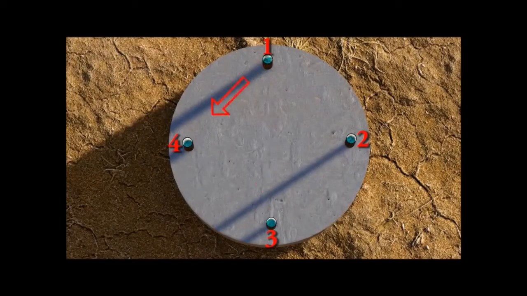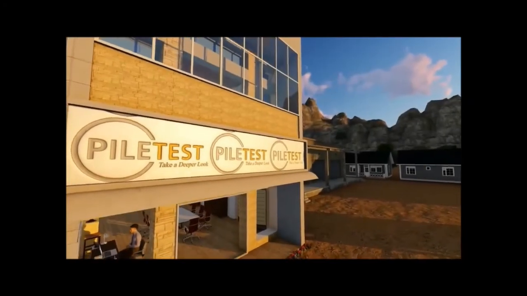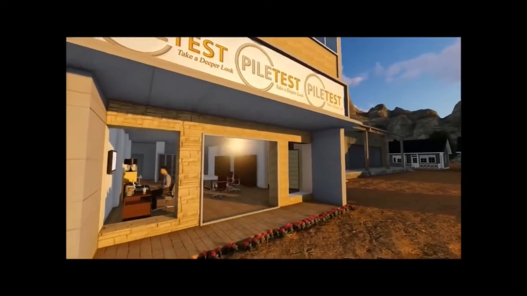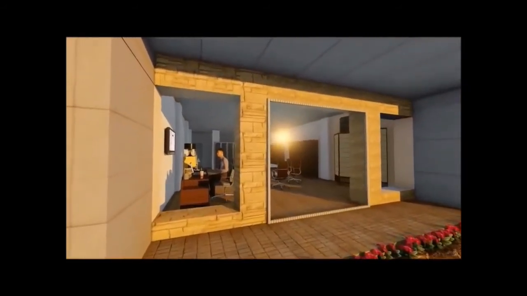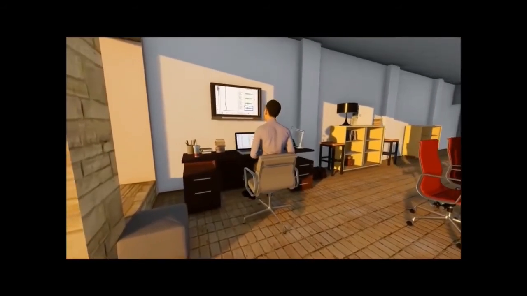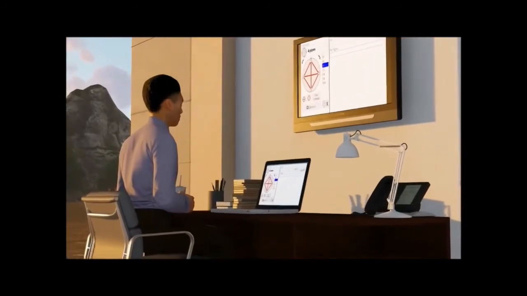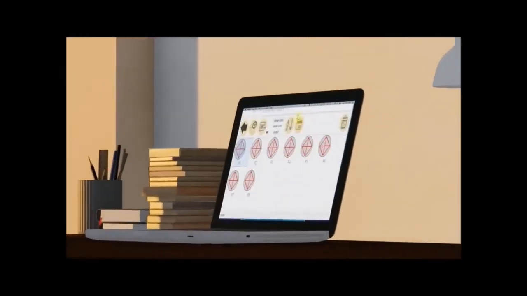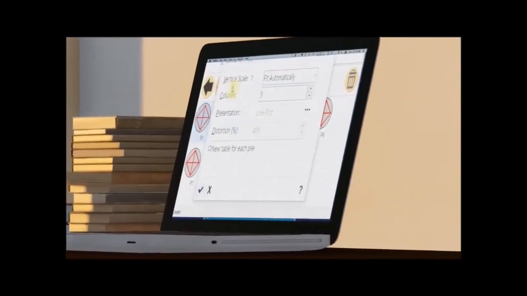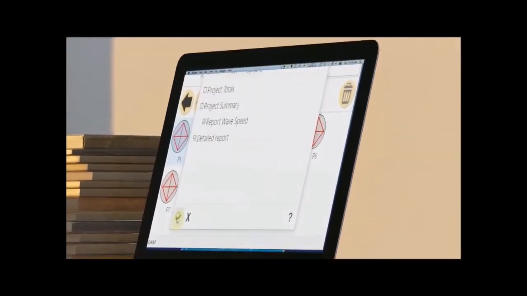Other profiles are logged the same way. The data is analyzed by the engineer who checks for any inconsistencies, adds his comments, and prints the report.